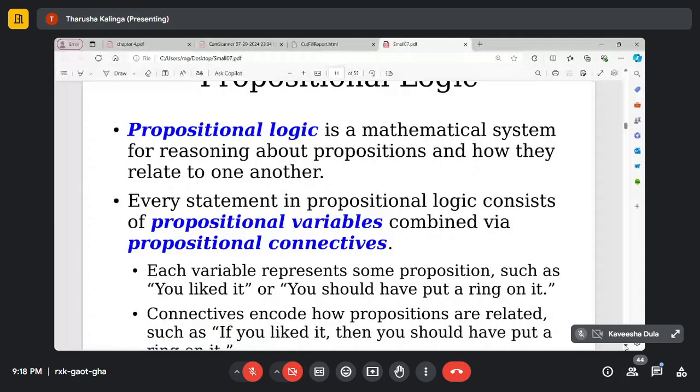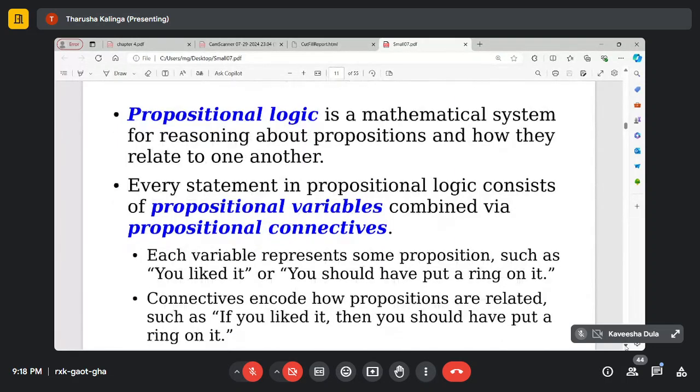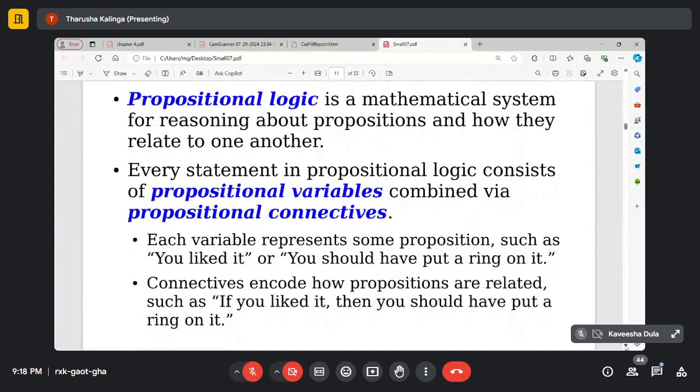Propositional logic is a mathematical system for reasoning about propositions and how they relate to one another. In propositional calculus, we are going to see the relations between those propositions. Those propositions can be represented by propositional variables.